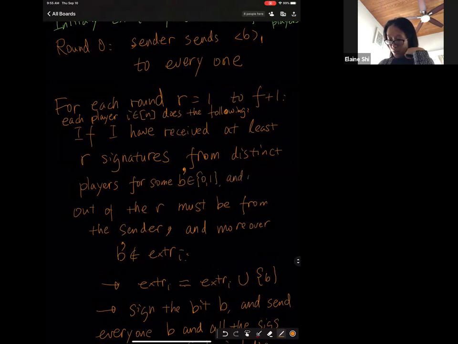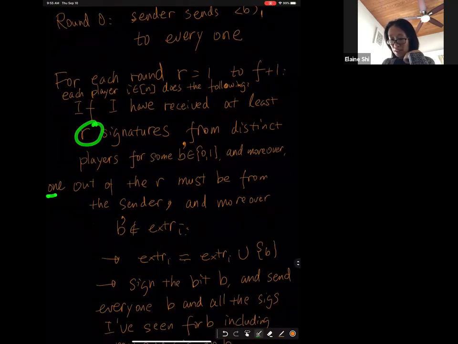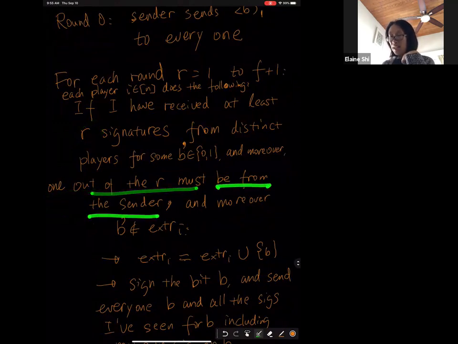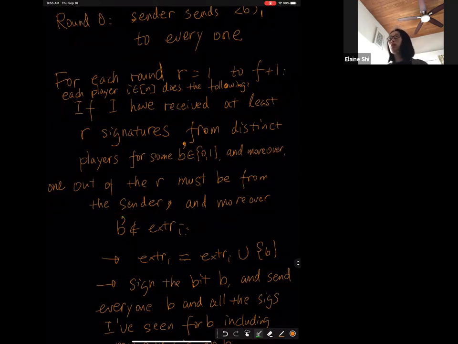And moreover, not only do I need to count at least R signatures, it also must be the case that 1 out of the R signatures must be signed by the sender itself. So it needs to be at least R signatures, 1 of which comes from the sender. In this case, I will check to see if B prime is already in my extracted set.